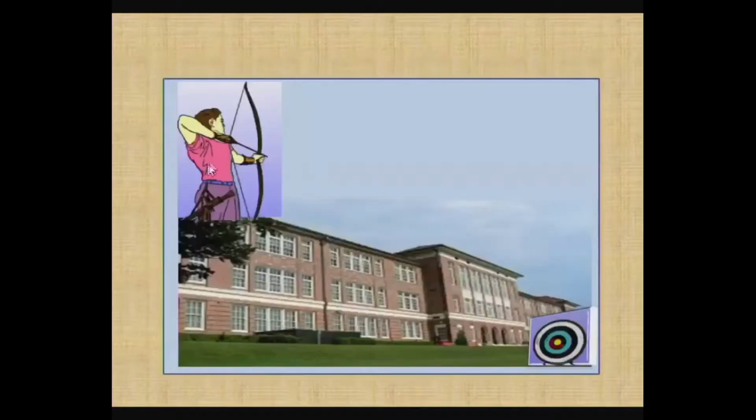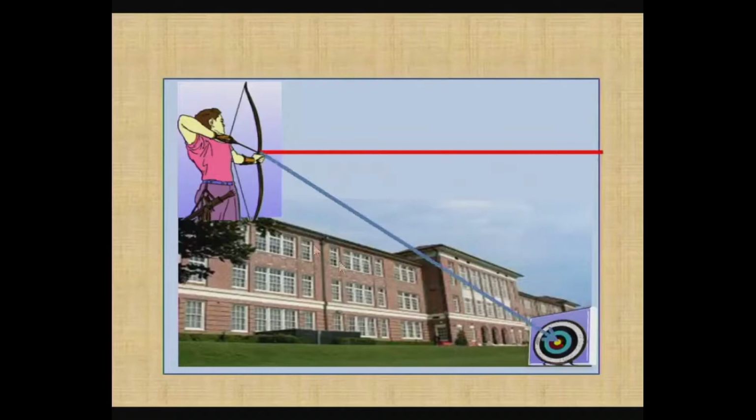Here, this is you shooting with an arrow, this is your target. See here, this is a horizontal line which is parallel to the earth's surface, and this is the line of sight making an angle of depression of 60 degrees with the horizontal line.